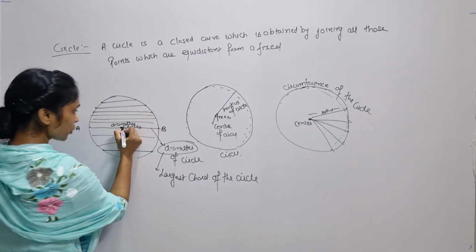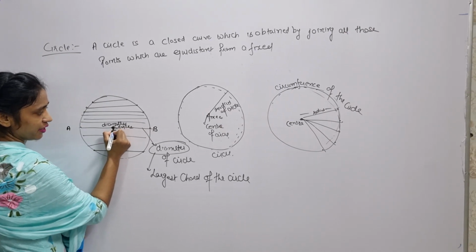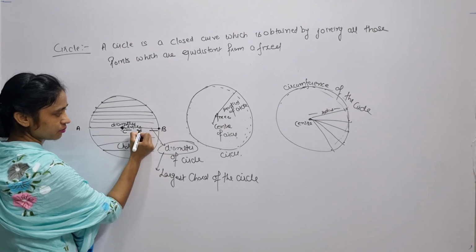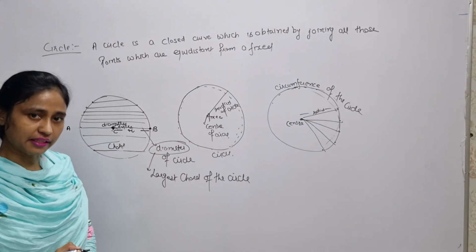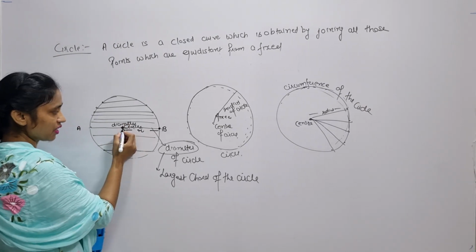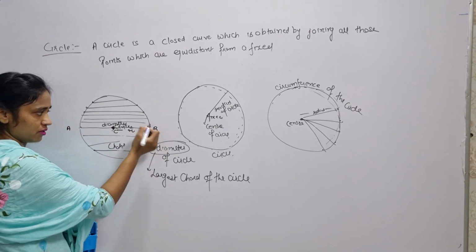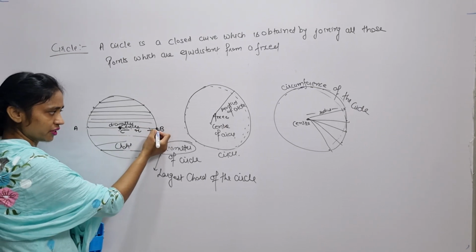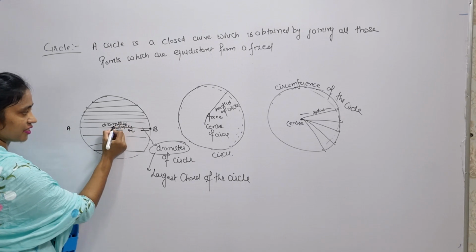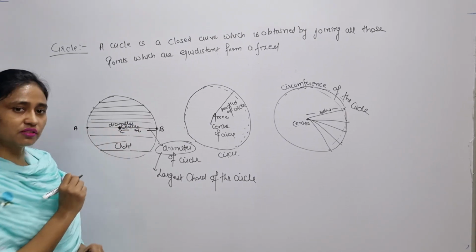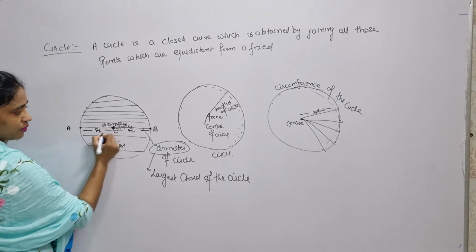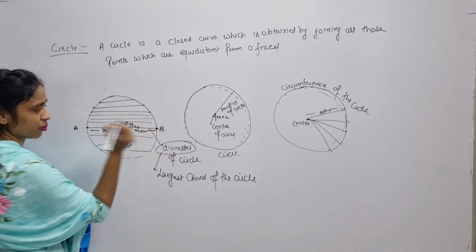See, what is the radius? Distance from the center to any point on the circle. That distance is said to be the radius. We usually denote the radius by small r. So the distance from the center to any point on the circumference of the circle is r. Here C is the center, A is any point on the circumference of the circle. See, this will also be r. Whatever the unit is, suppose centimeter.